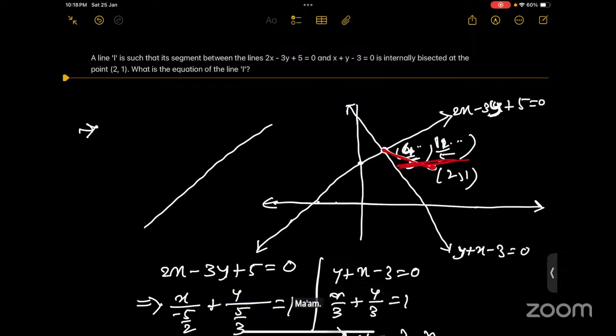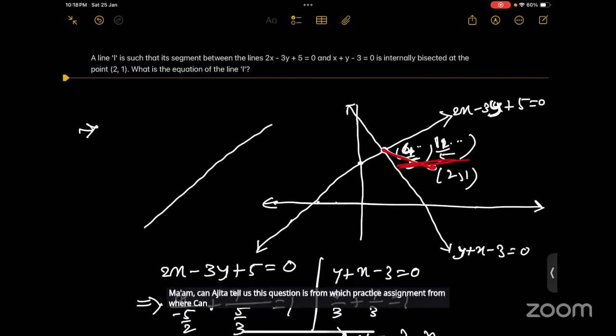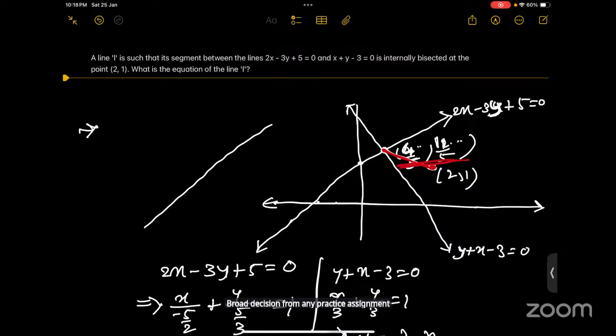Can Aditya tell us this question is from which practice assignment? Can you tell us, have you taken this from any practice assignment? I was solving RS Agarwal. Okay, so in the next question, can you take the picture of the question and the answer also, so it would be more clear? Sure. Because I don't know the answer, we might do it wrong.